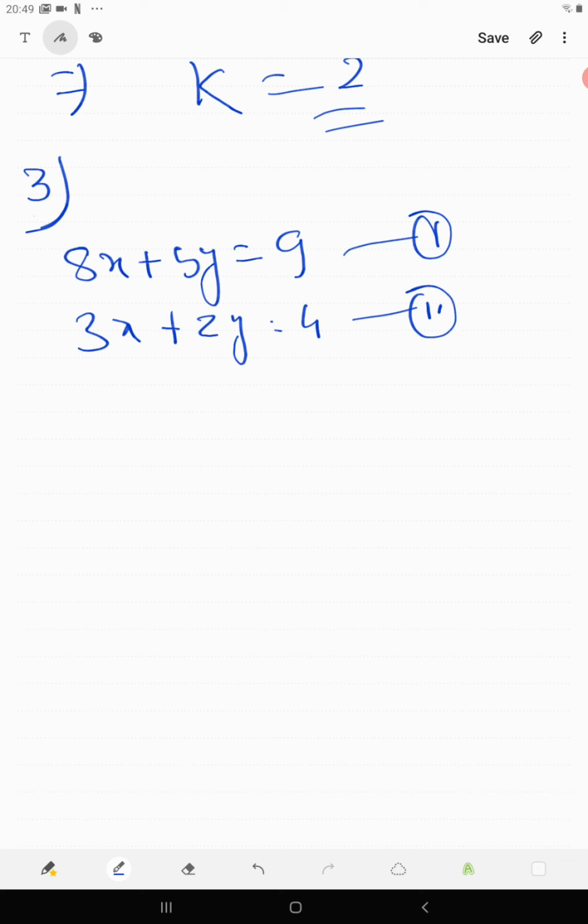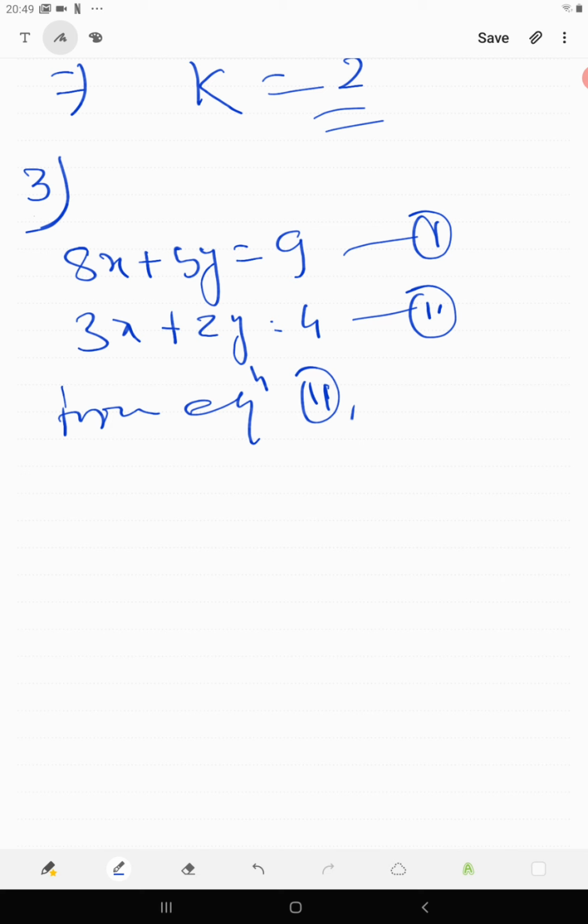So for the substitution method, one variable only will be on the left side. Let's take from equation 2 only. I was always doing it from equation 1, so let's do it from equation 2, then we will put it in equation 1.